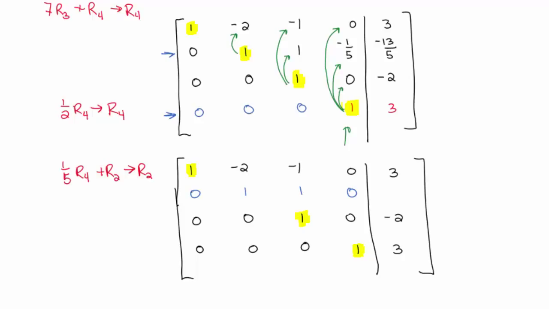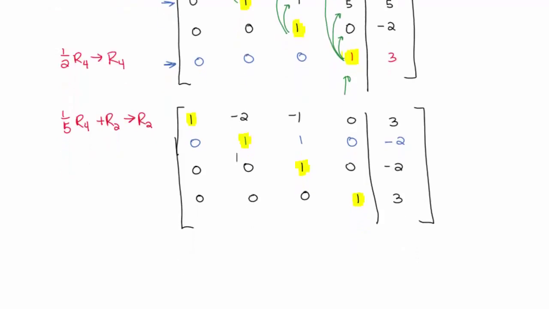And 1/5 of 3 is 3/5, minus 13/5 is -10/5, which is -2. So that fraction that we wanted to avoid ends up actually disappearing. And by the way, we still have our diagonal of 1s. And now we have zeros up above in that first column.